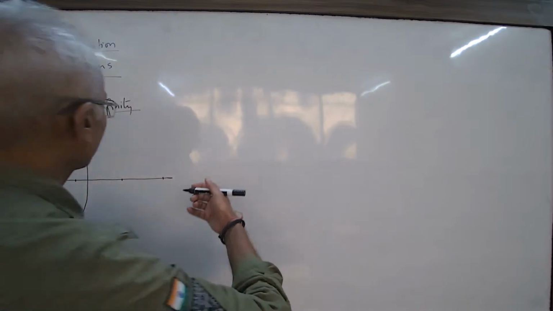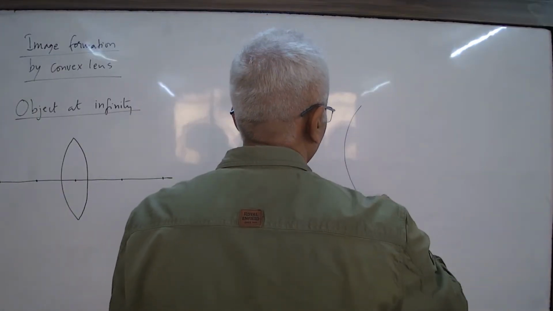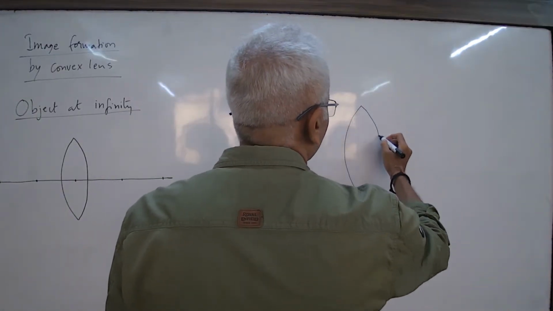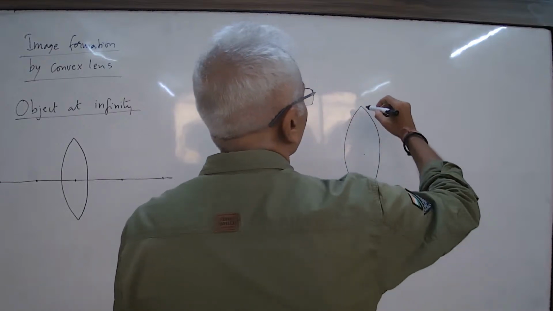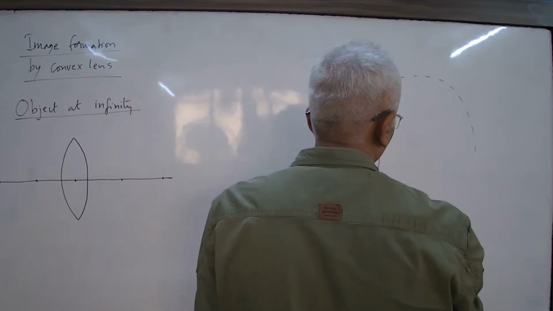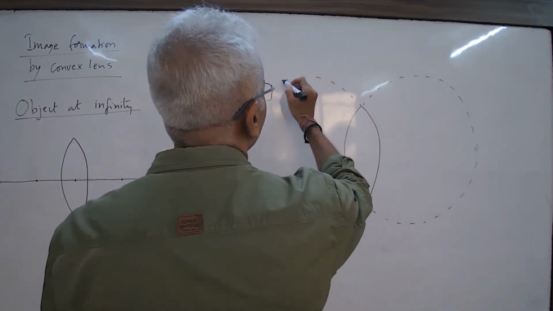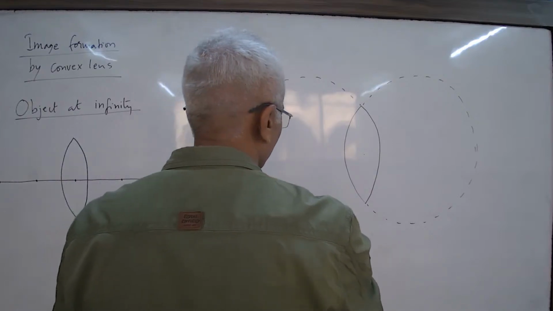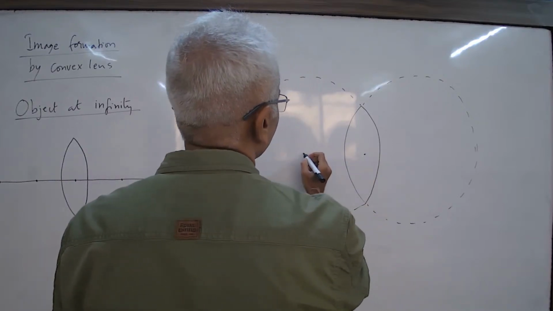So look how convex lens is made. We had not discussed it, right? There you go. So convex lens is actually made out of 2 solid spheres. Each sphere will have its own center.